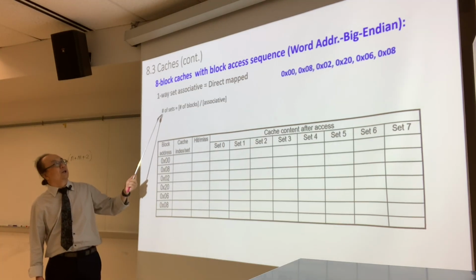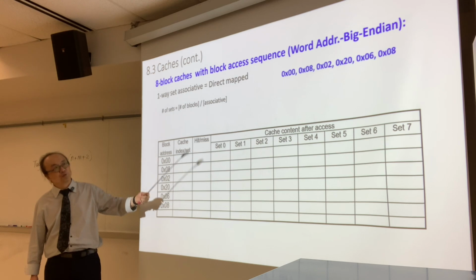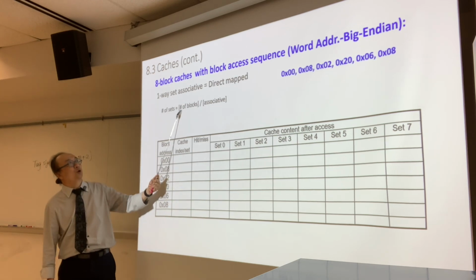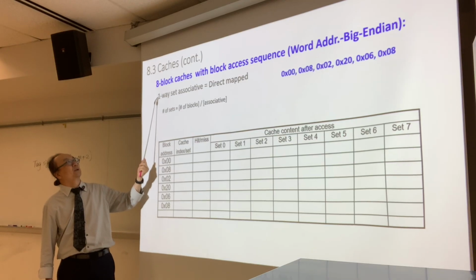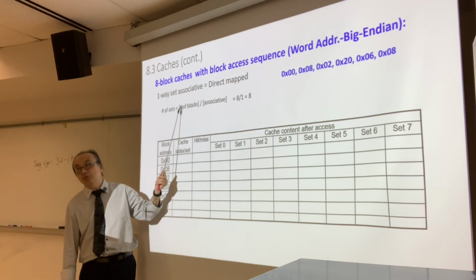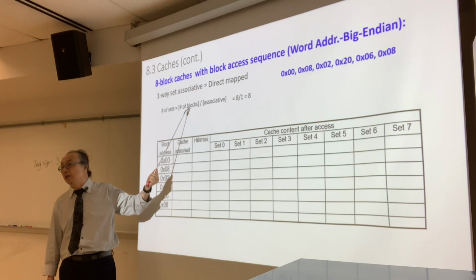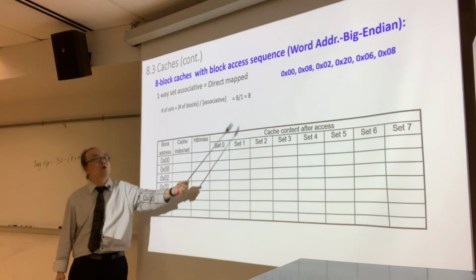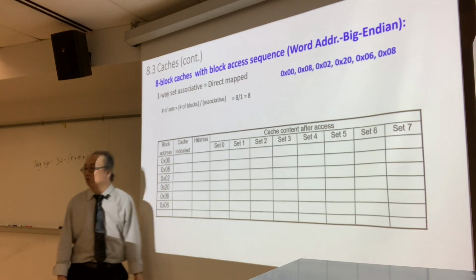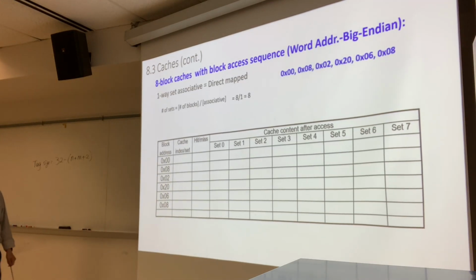And also, the total number of sets we need is the total number of blocks divided by the associativity. In this case, the total number of blocks is 8, and we say one-way associative, divided by 1. So we need 8 different sets, set 0 to 7.